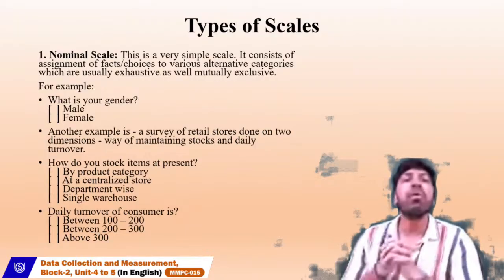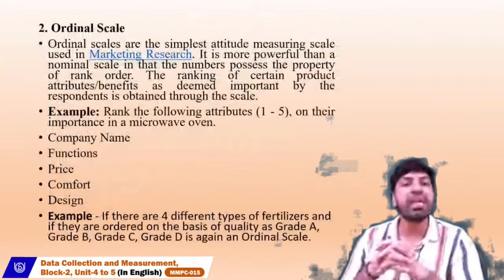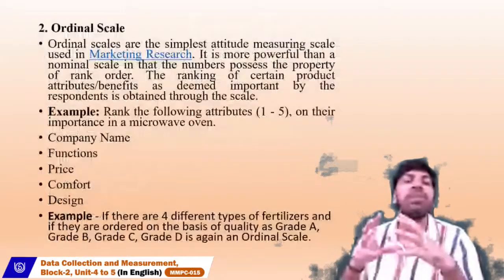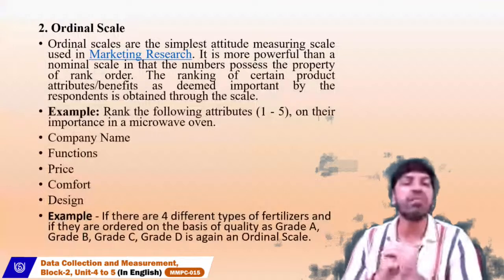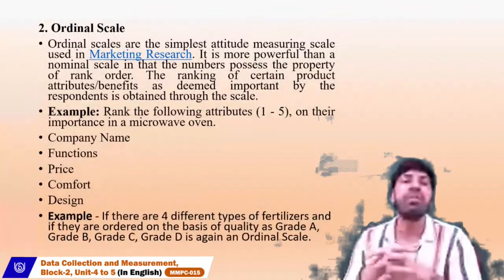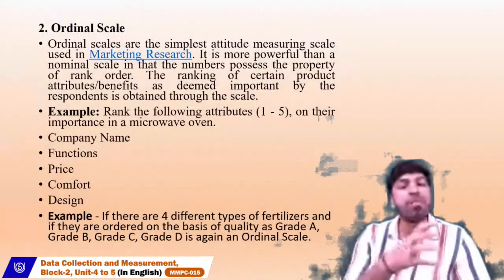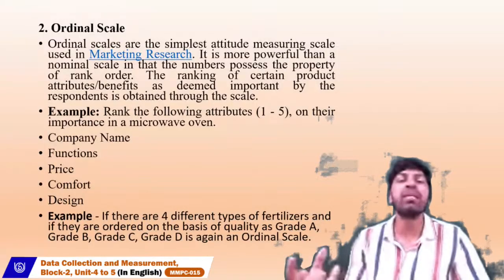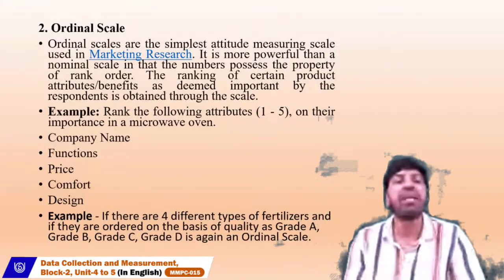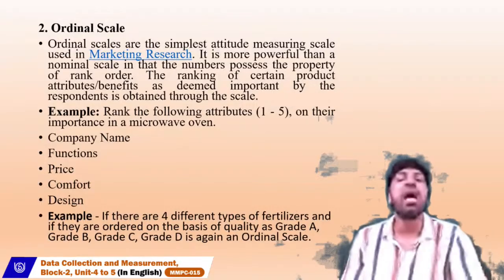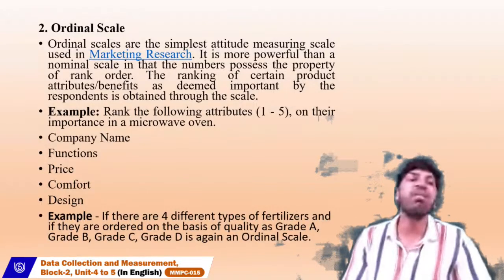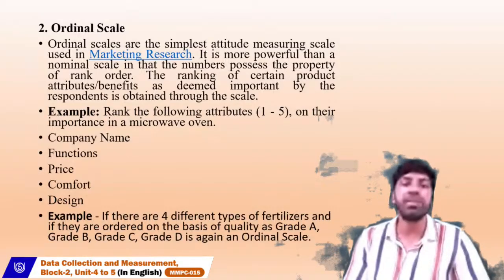Now we can come to the ordinal scale. The ordinal scale is one of the simplest attitude measuring scales used in marketing research. It is more powerful than the nominal scale because the numbering is always done in ranking order. So the ranking of certain product attributes or benefits is very important in this particular scale.